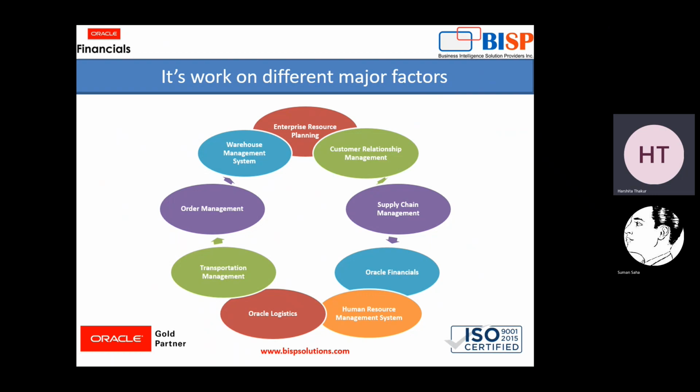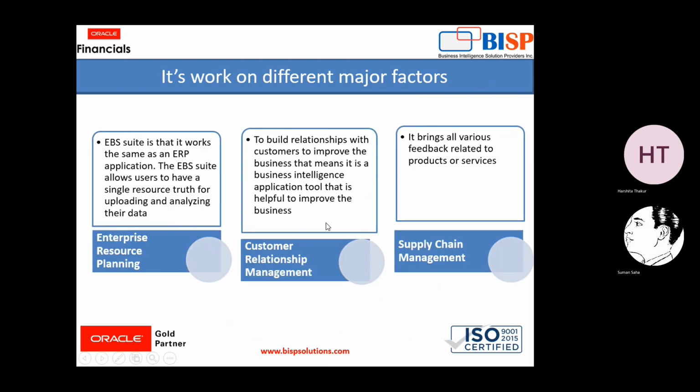So these are the different factors which are covered by the EBS tool. So let's discuss one by one each of the factors. First, enterprise resource planning. EBS suite works the same as an ERP application. The EBS allows users to have a single source of truth for uploading and analyzing their data.